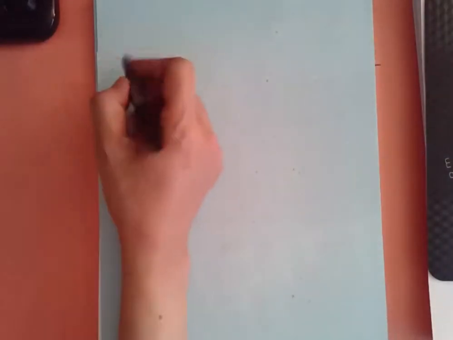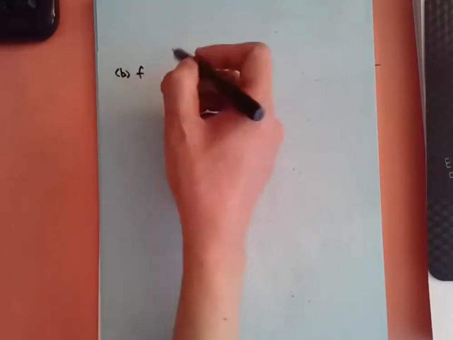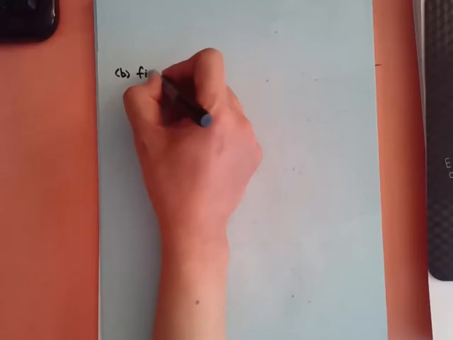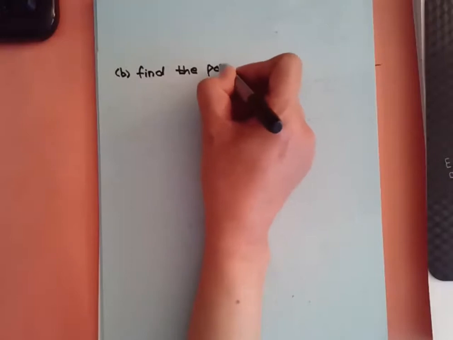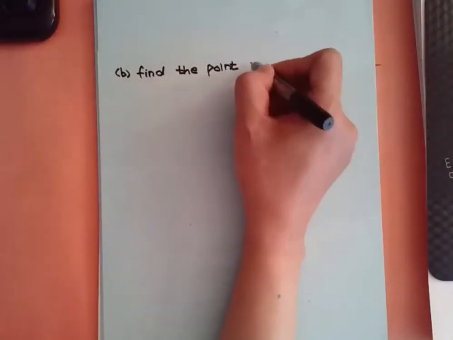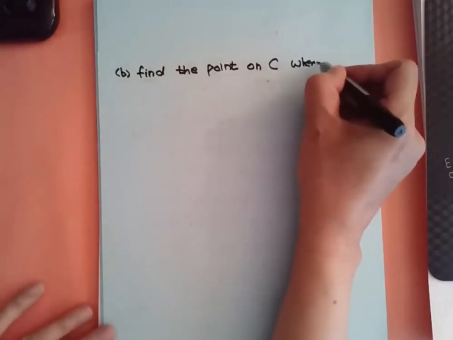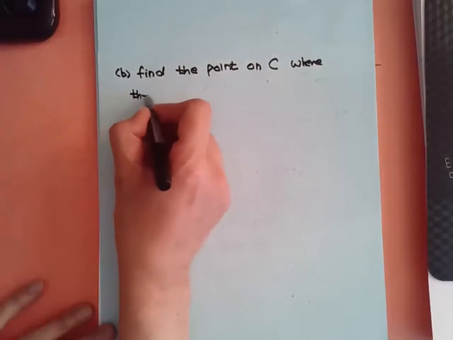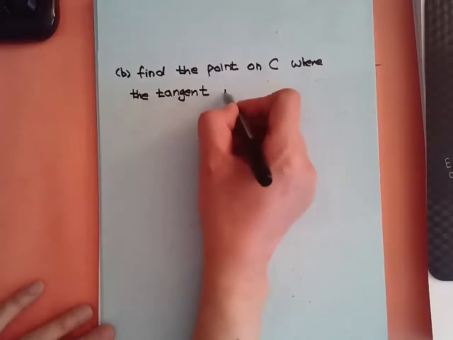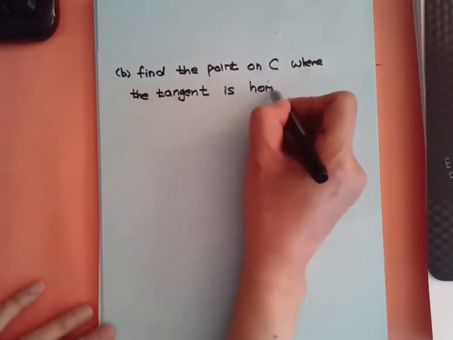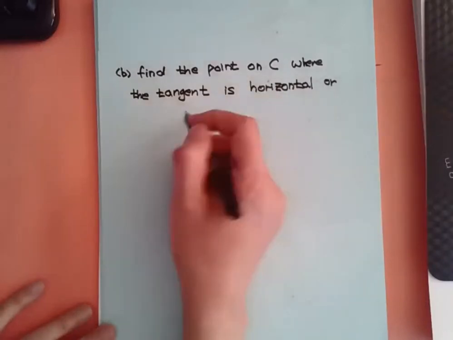The next thing we want to figure out is where the curve has horizontal or vertical tangent line. Find the point on C where the tangent is horizontal or vertical.